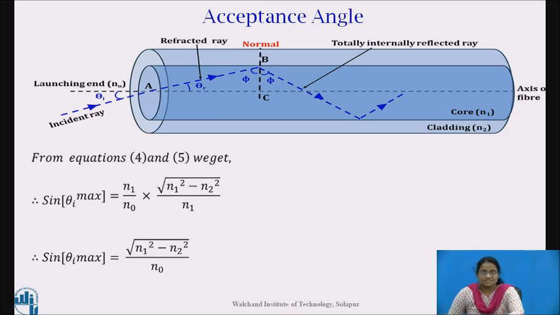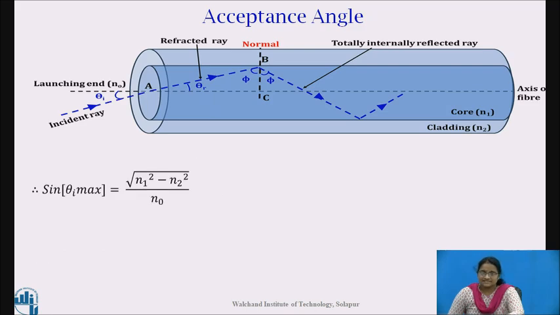Now, from equations 4 and 5, we get sin theta I maximum is equal to N1 upon N0 multiplied by under root N1 square minus N2 square divided by N1. N1 gets cancelled. So the equation becomes sin theta I maximum is equal to under root N1 square minus N2 square, divided by N0.